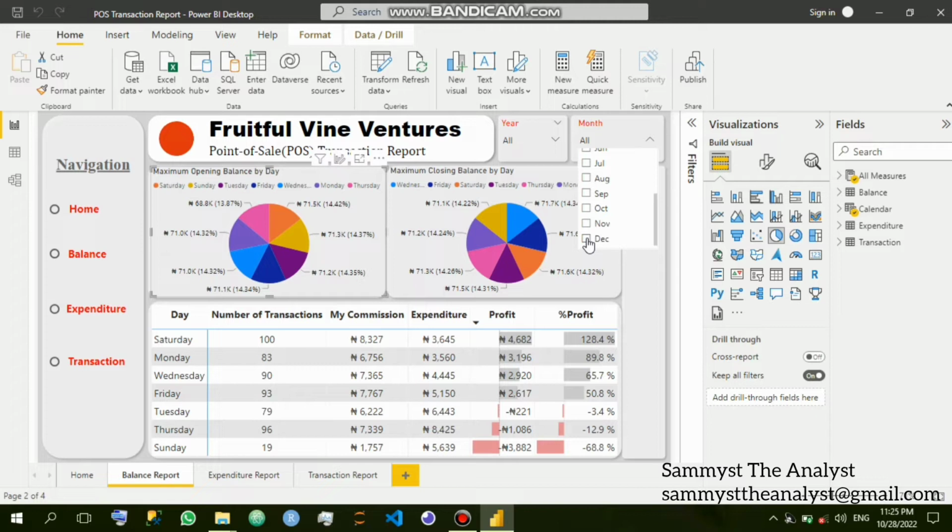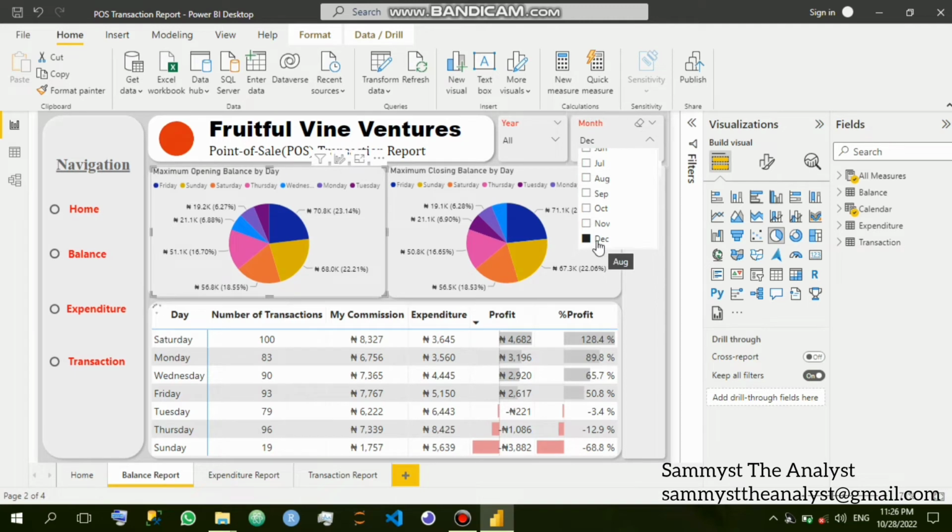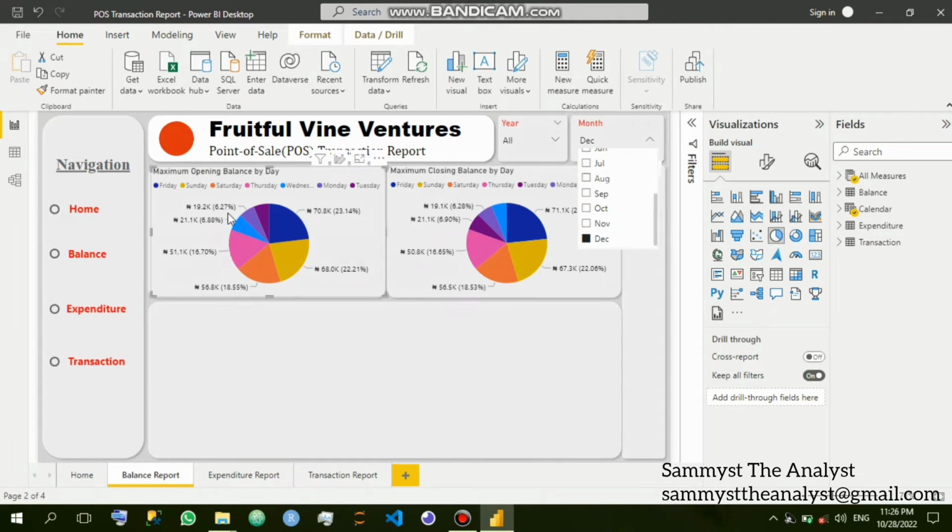Let's see what happens to the visual. Okay, very good. So we can see that the visuals have changed.